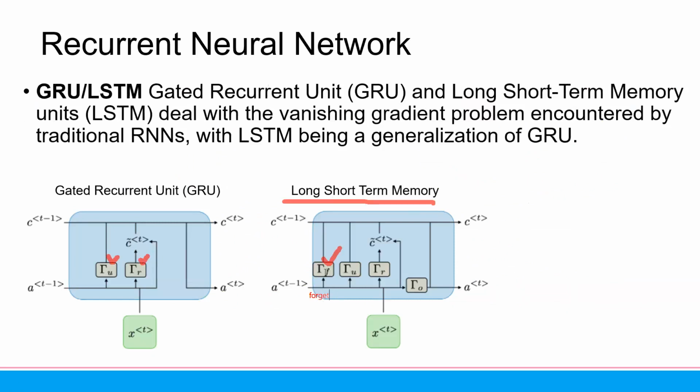If it is not important, it will be removed. If it is important, then we will update it. After we update it, we can find the relevance, and if it is relevant, then we put it as the output. That's the mechanism in the LSTM. In the GRU, there are only two gates.